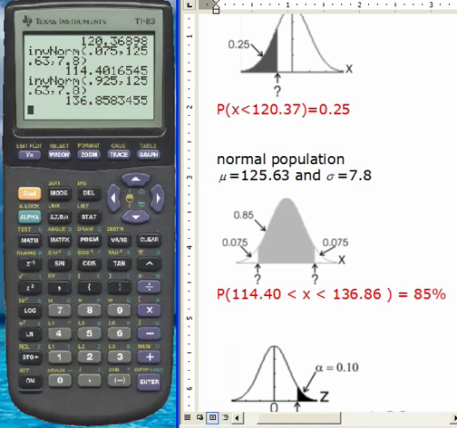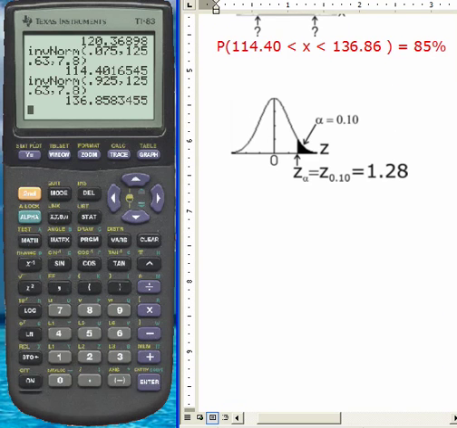Now, let's look at this notation you're going to be seeing a lot of in this class. And it looks like this. You'll have a Z here with a number as a subscript following it. You need to remember that that number in the subscript is an area under the curve, and it's an area that's in the right tail.